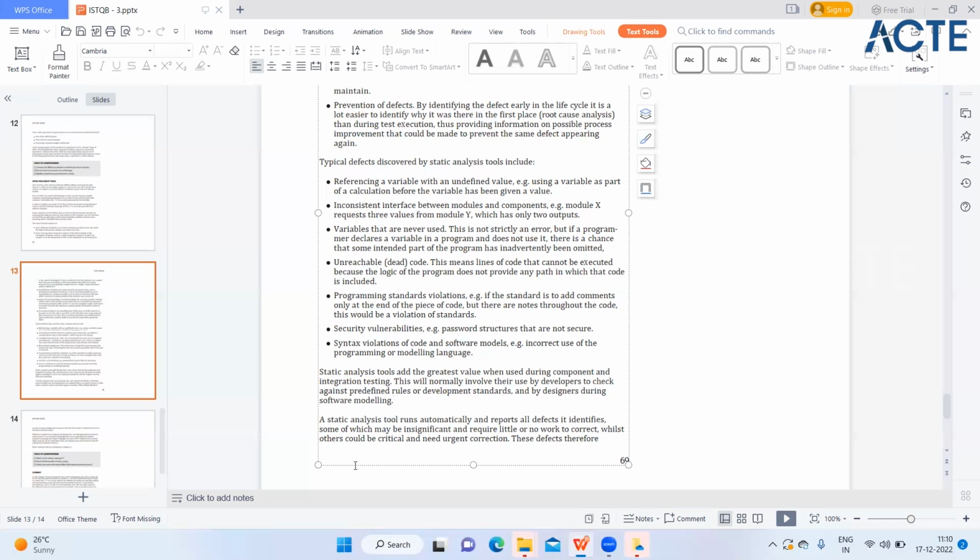A static analysis tool runs automatically and reports all defects it identifies, some of which may be insignificant and require little or no work to correct, whilst others could be critical and need urgent correction. So maybe some errors are very small and are not required to be fixed on an urgent basis.